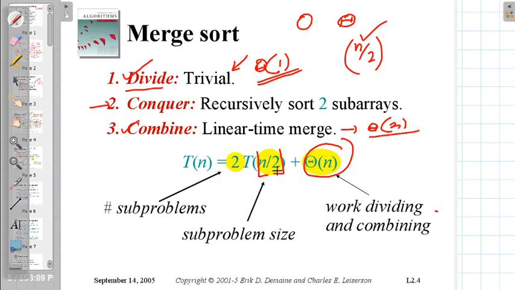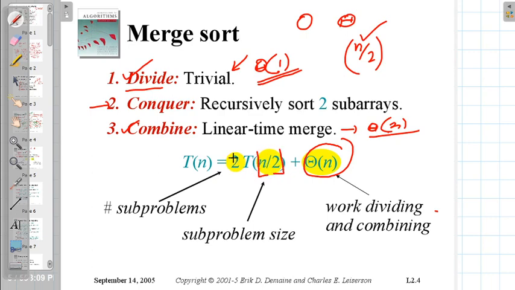So T of n by 2. Afterwards we will see the master method, where we will see that this floor or ceiling does not make any difference.